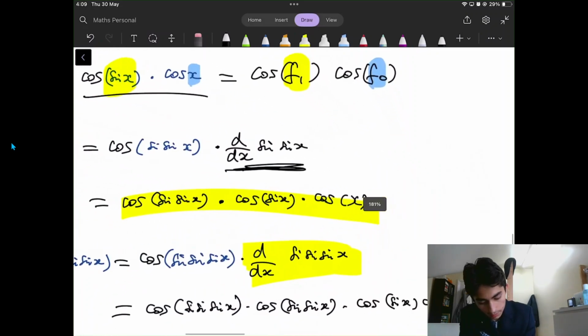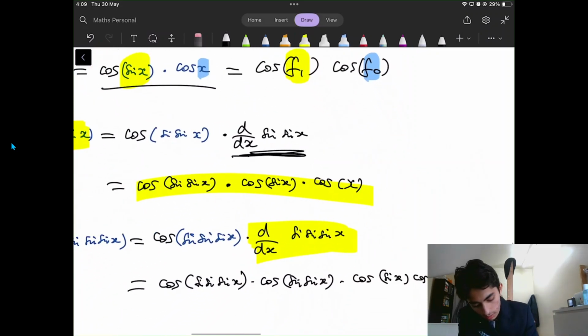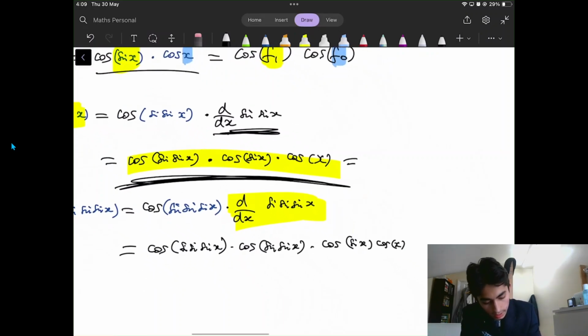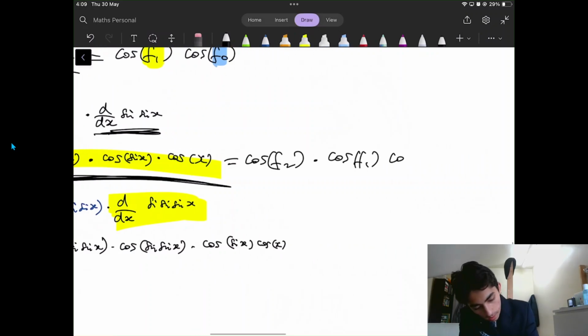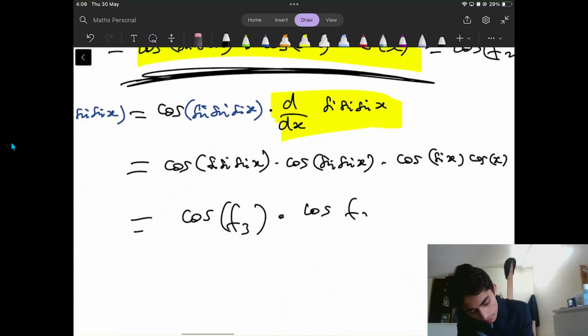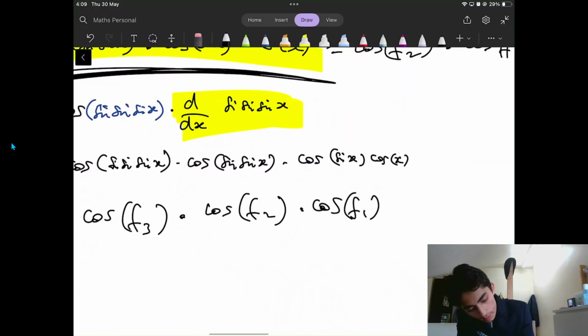The derivative of the third function is equal to this thing over here, which is cosine of the two sines, which is cosine of f2, times cosine of one sine, which is cosine of f1, times cosine of f0, right? And for the fourth iteration, you get cosine of f3 times cosine of f2 times cosine of f1 times cosine of f0, right?